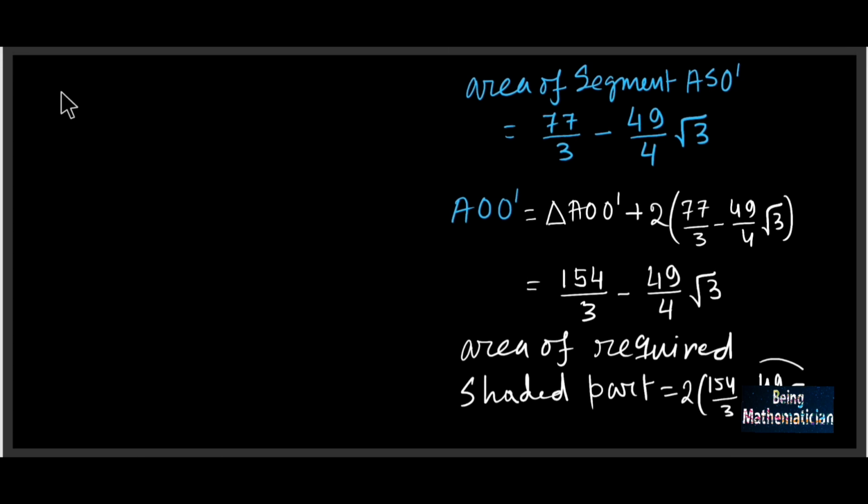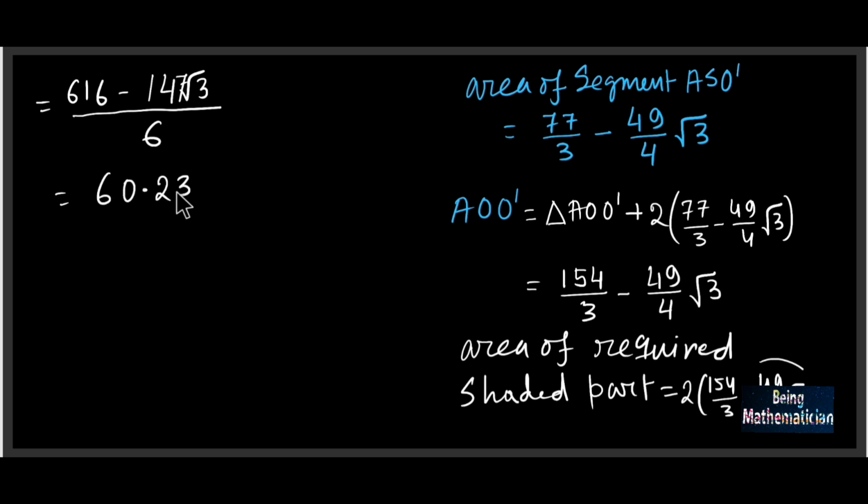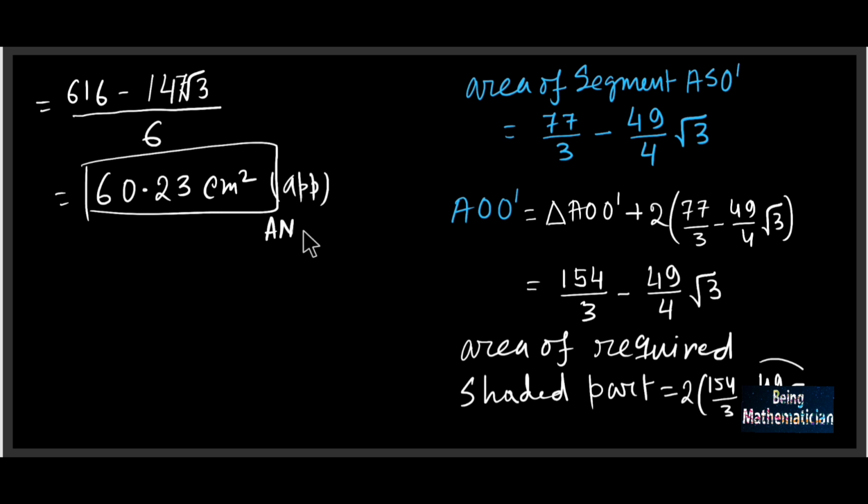Now let's simplify this. We get 616 minus 147 root 3 whole divided by 6, and it is 60.23 centimeter square approximately. So it is our required answer.